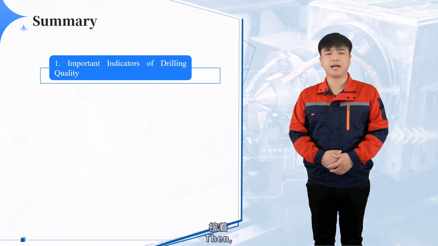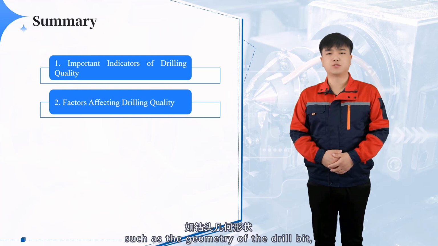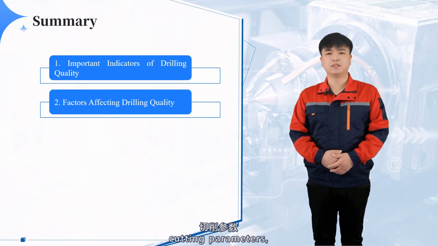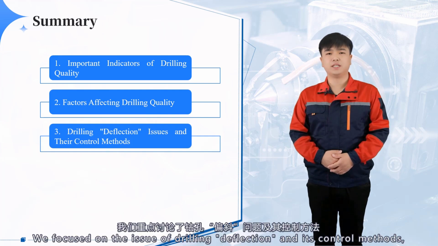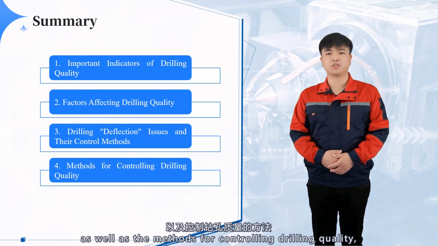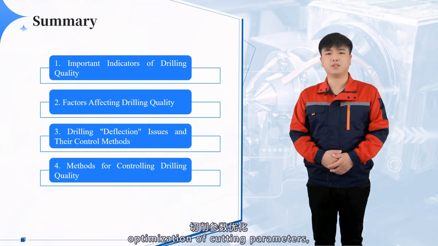Then, we analyzed the factors affecting drilling quality, such as the geometry of the drill bit, cutting parameters, workpiece material, and the rigidity of the machining system. We focused on the issue of drilling deflection and its control methods, as well as the methods for controlling drilling quality, including tool selection and sharpening, optimization of cutting parameters, use of cutting fluids, and monitoring of the machining process.